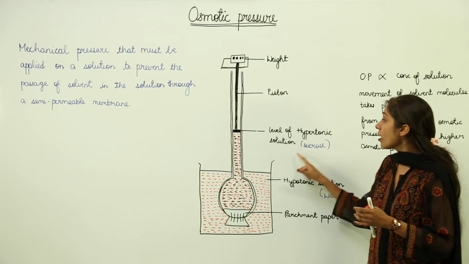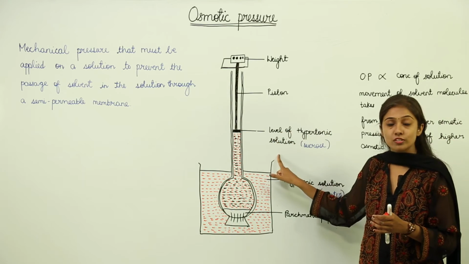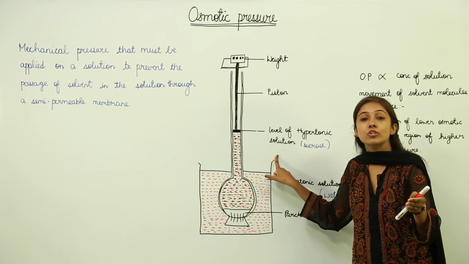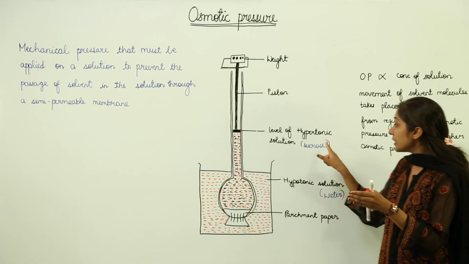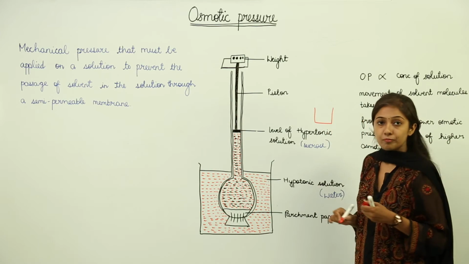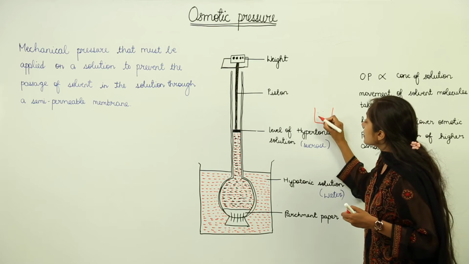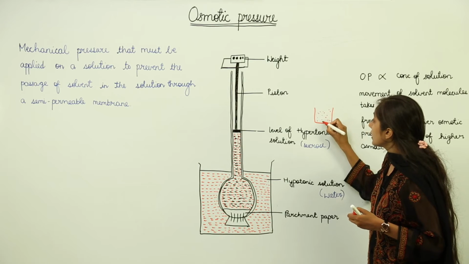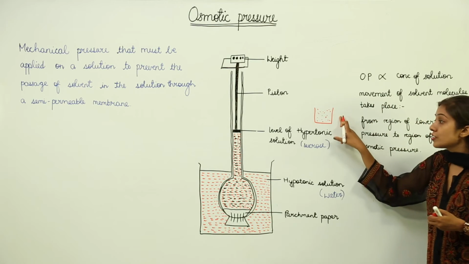It has high concentration of the solute particles, means in case of sucrose solution, obviously we have put water, right. But there is a presence of additional solute particles in the form of sugar. So, it is more concentrated.